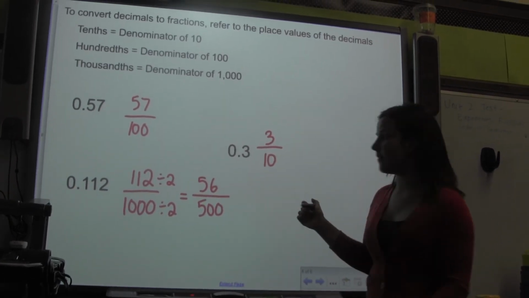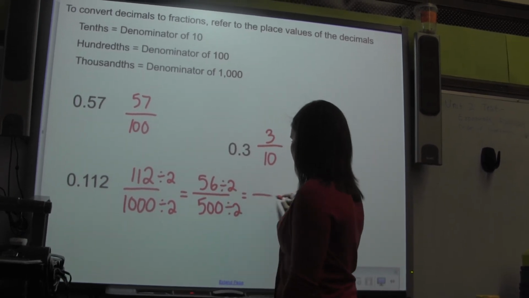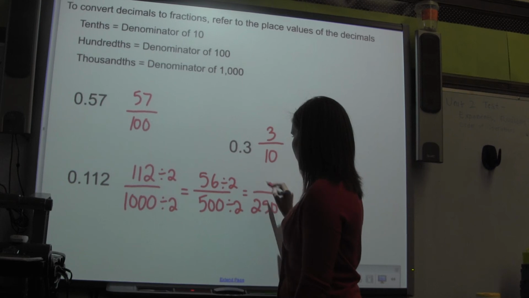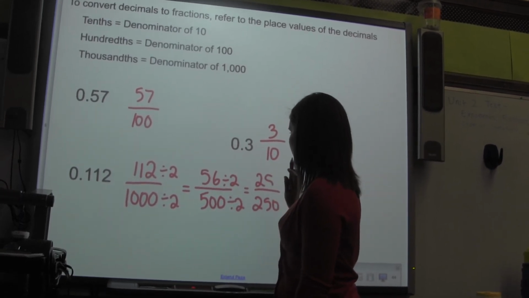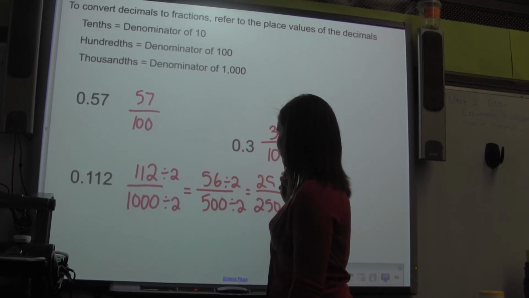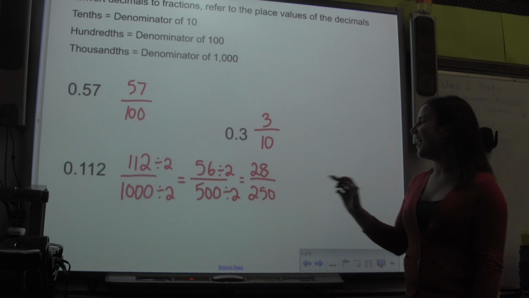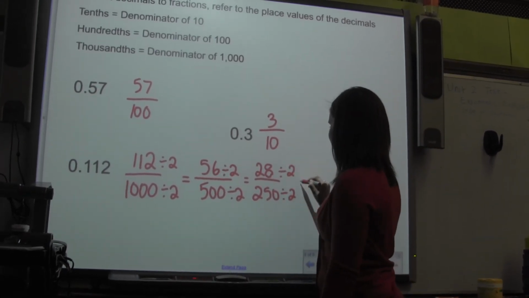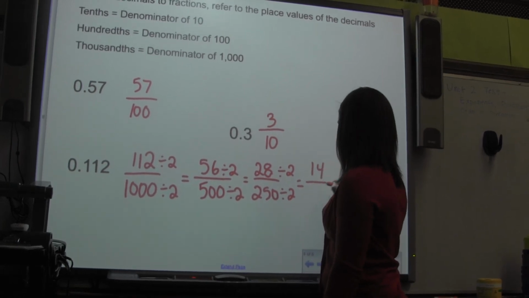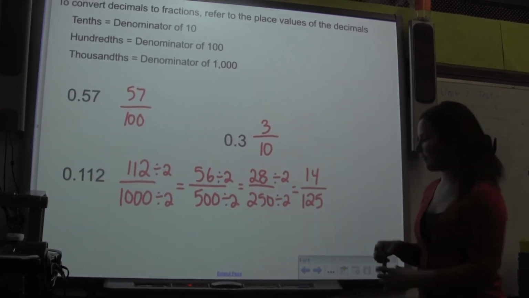They're still both even numbers, so I can keep going by dividing by 2. 28. That's what I was doing, and then I got confused. They're still both even, so I'm going to keep going, over 125.